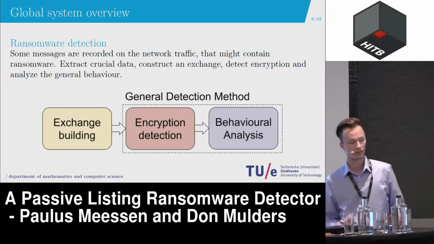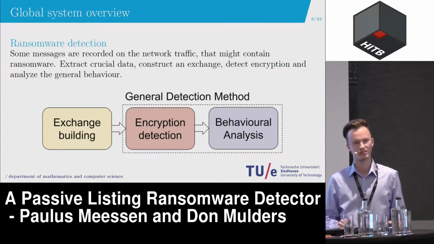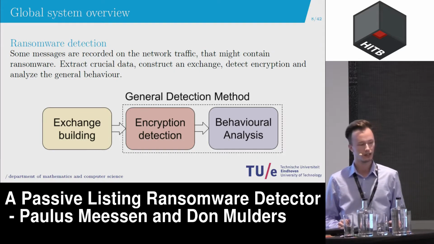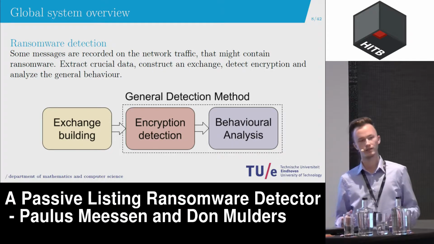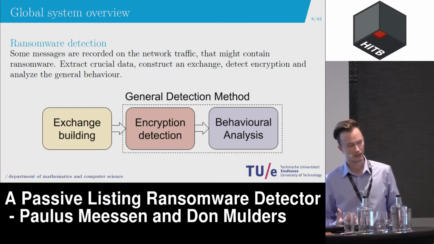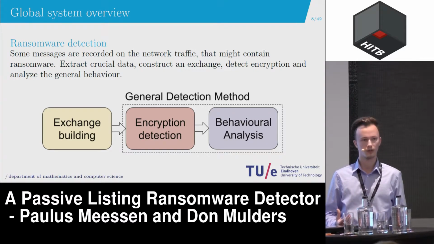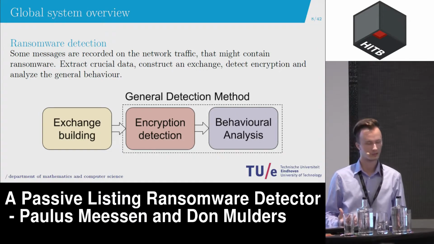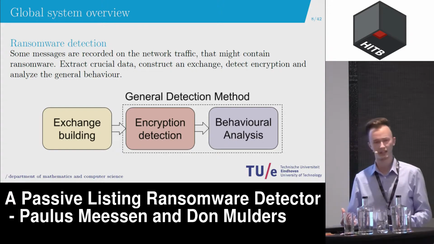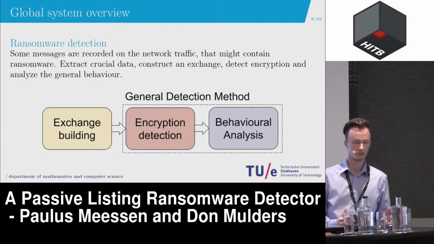To do this, we built exchanges based on message features that we extract from the SMB data, and then we try to figure out whether these exchanges are encrypted. If they are, we ask: is the behavior the traffic is displaying a user encrypting some files, or is it, for instance, ransomware?